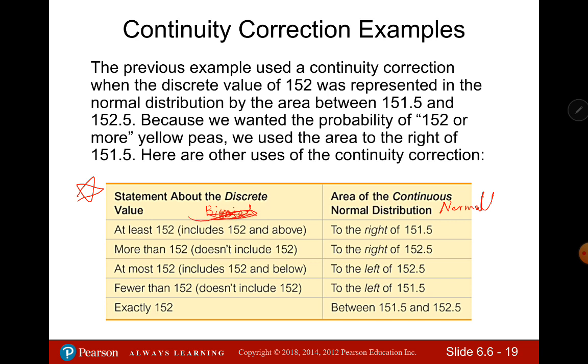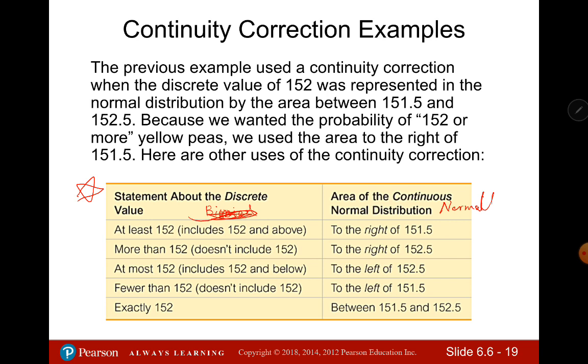So if it's at least 152, it includes 152 in the above. So we should pick 151.5 to make sure 152 is included in the binomial, and also make sure 152 is included in the normal. But if it's more than 152, we check the single point 152.